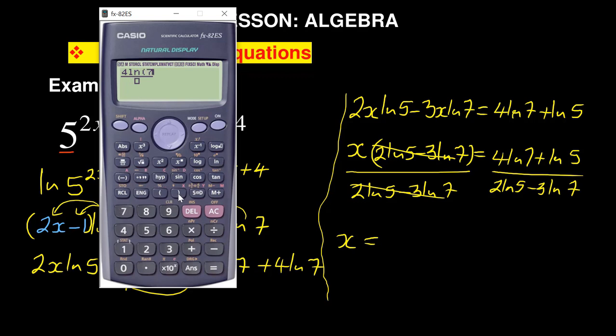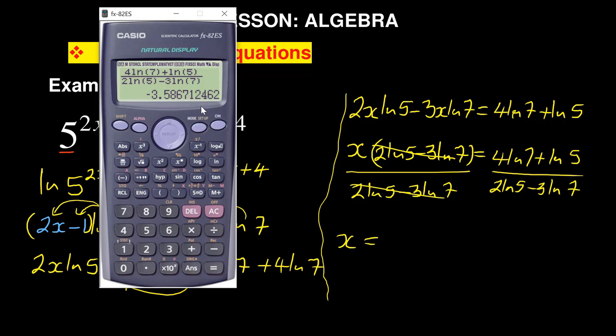When it opens the bracket, remember to close it, plus ln 5, and then you've got your 2 at the bottom, ln 5, and then minus 3 ln 7. So this is what we have, and then we write our answer, which is minus 3,5867.